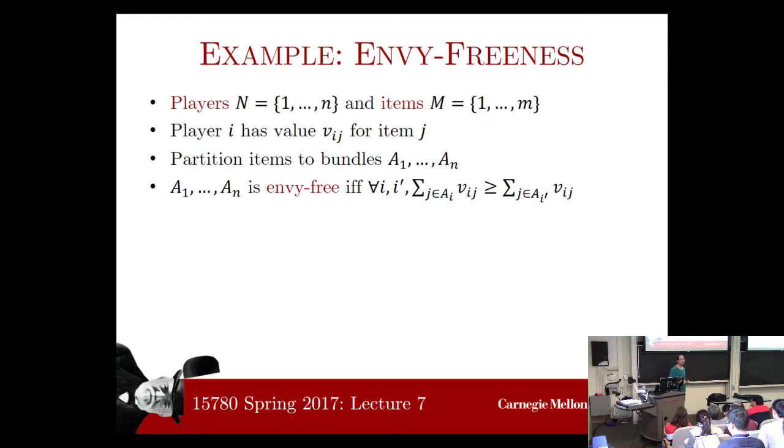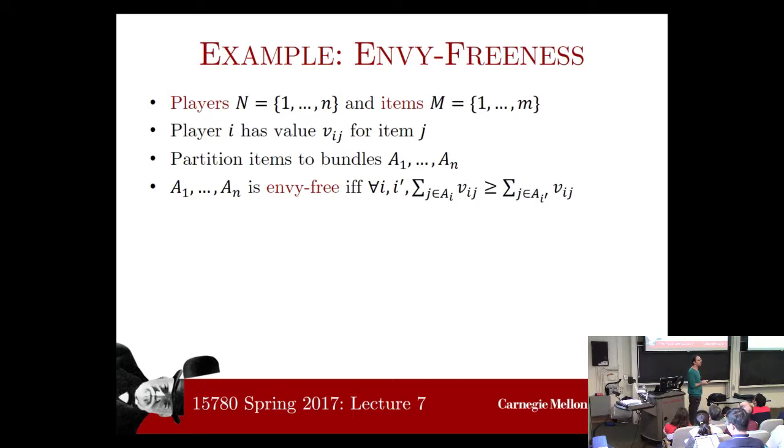Because you can always switch i and i prime, and then the only thing that satisfies both of those is the equality. Yeah, so it's not symmetrical. In this definition you can switch the two players as well. So this holds for any two players i and i prime.